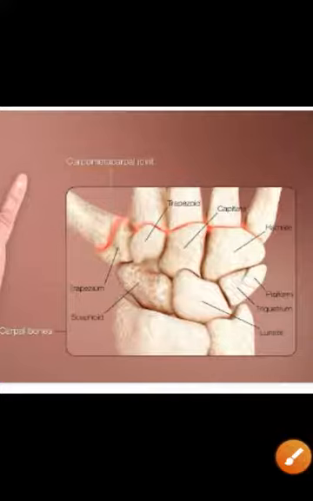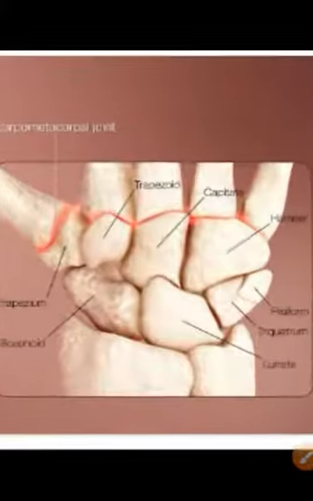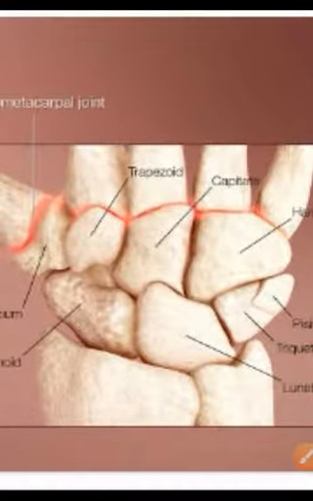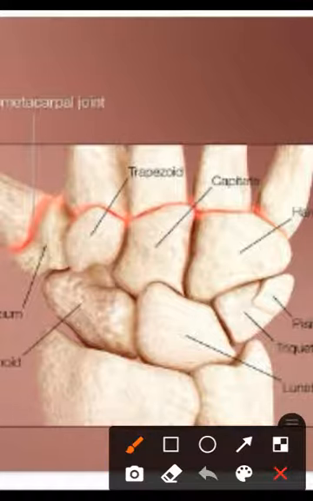and the scaphoid bone has a blood supply in such a way that the distal part is supplied first, meaning this is the artery, and then it supplies the proximal part. This is the proximal part, this is the distal part. First the distal part is supplied, then the proximal part.